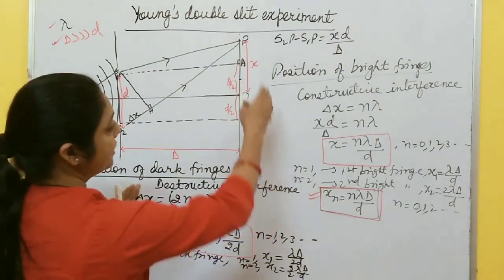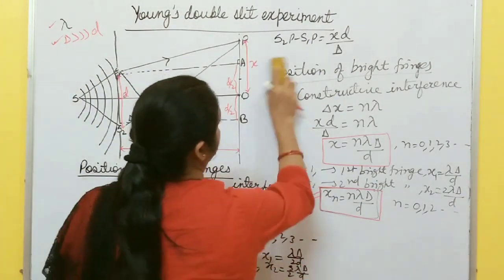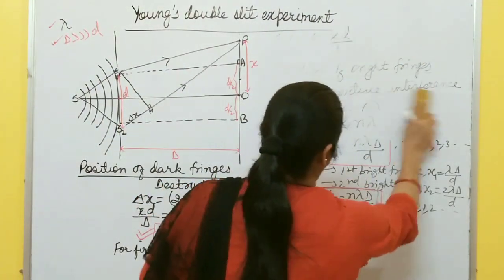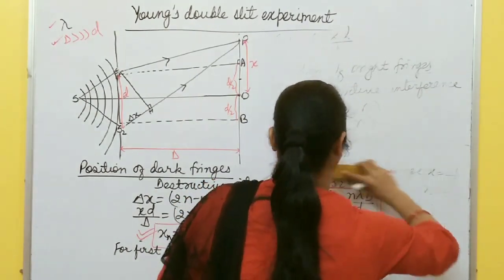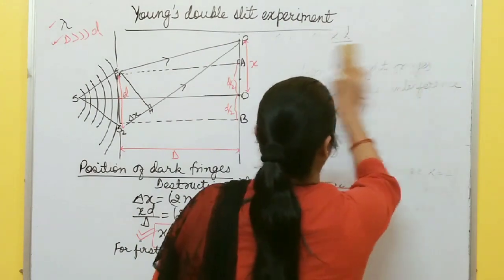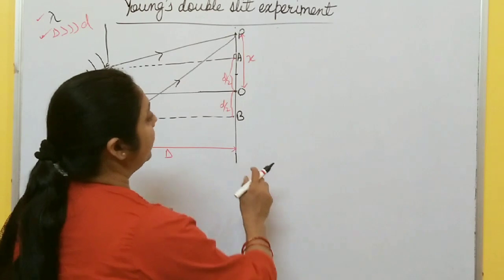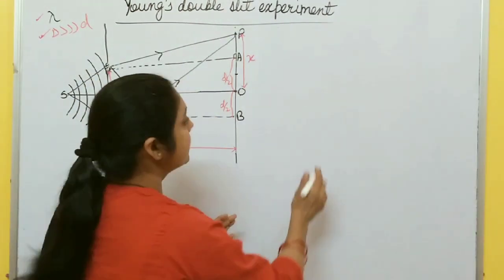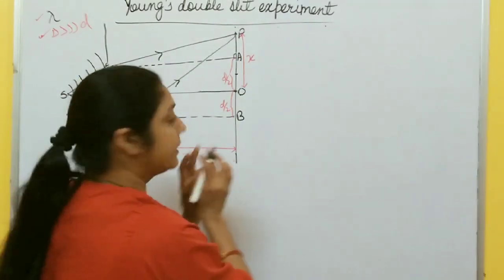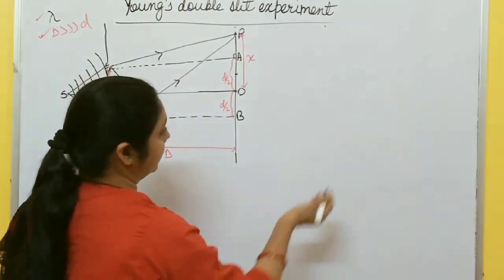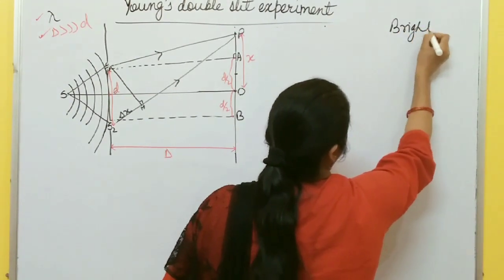Okay, how is this fringe pattern obtained on the screen? Let us try to draw that. Now let us try to draw the fringe pattern on the screen. Suppose this is a screen, and what type of fringe pattern is formed? First, write the condition for bright fringe.